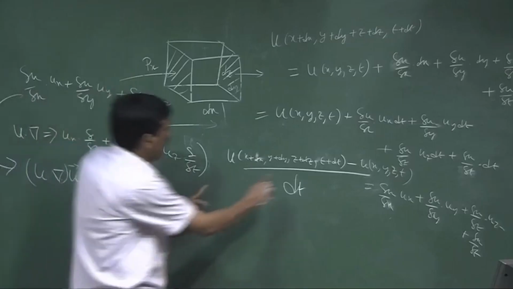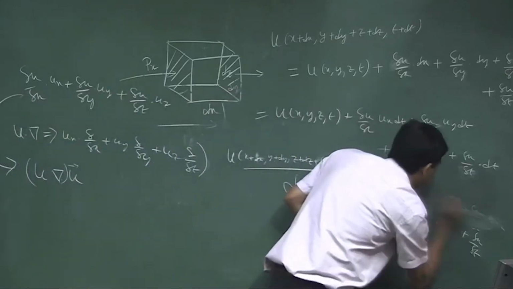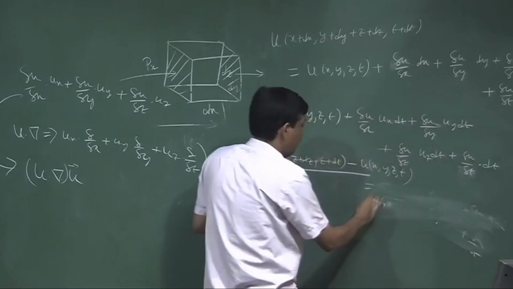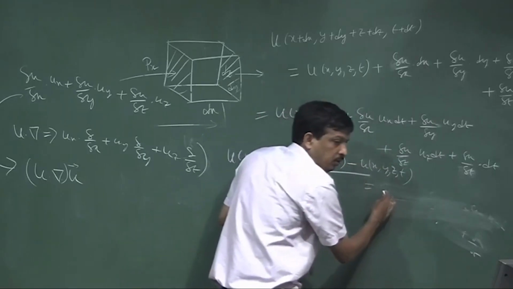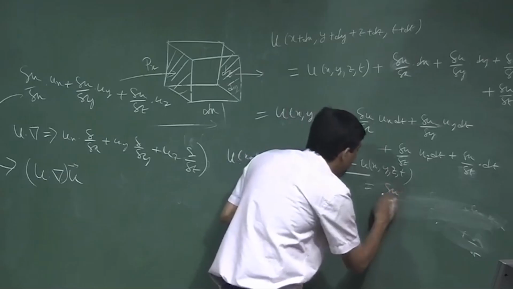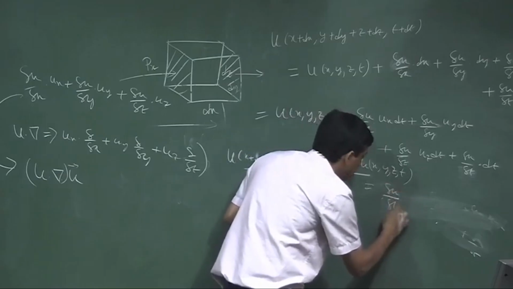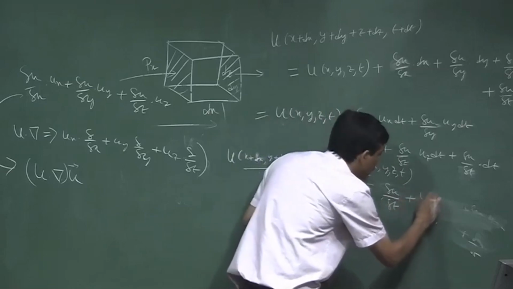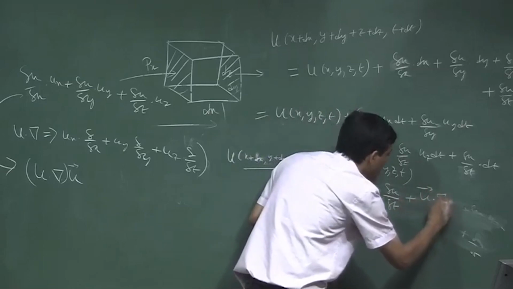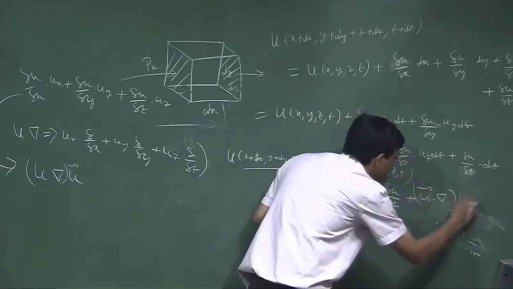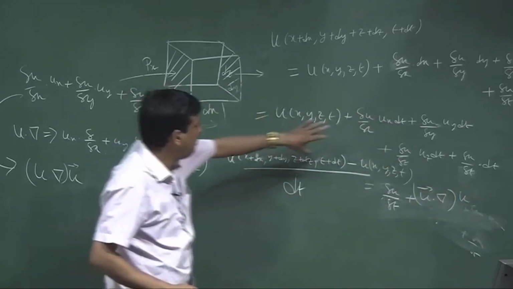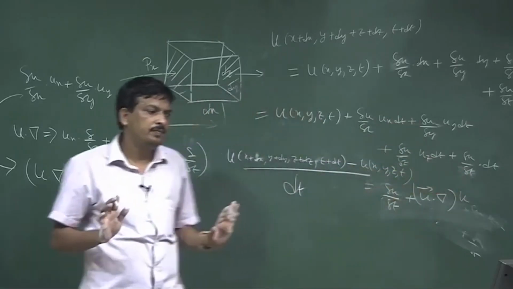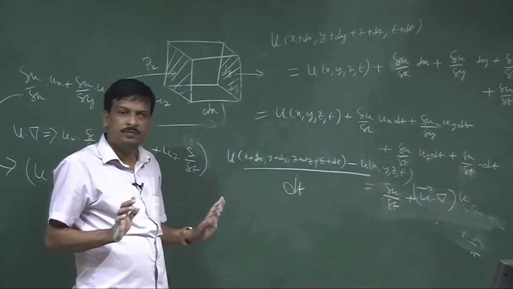Now this is nothing but one term, which is ∂u/∂t plus u·∇u. You just change this term and a du/dt term will be there.